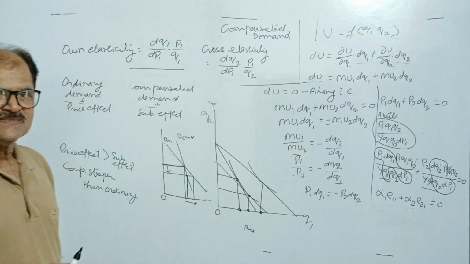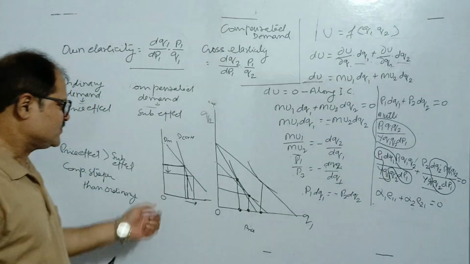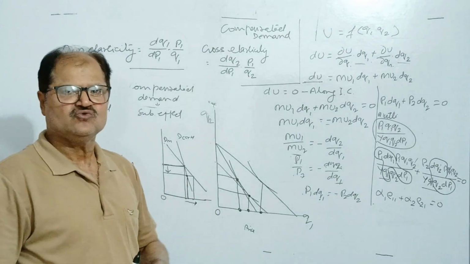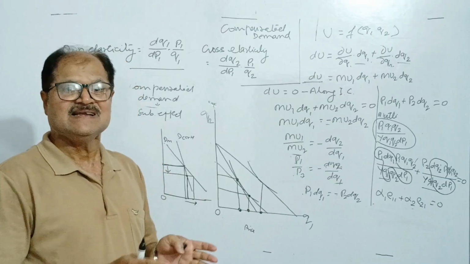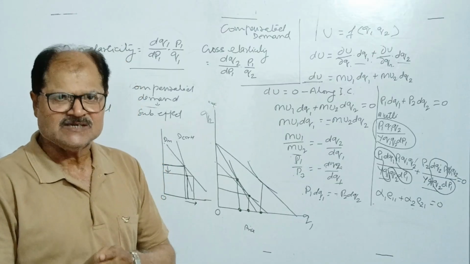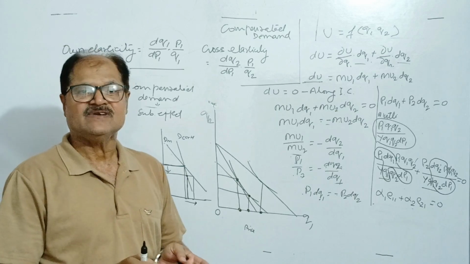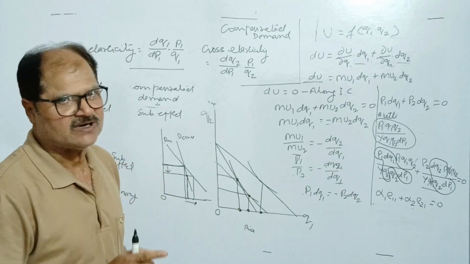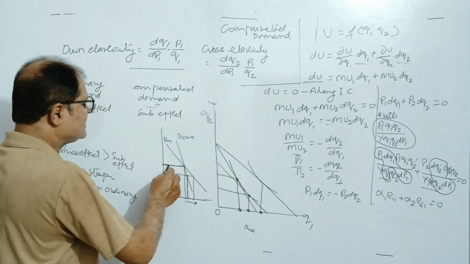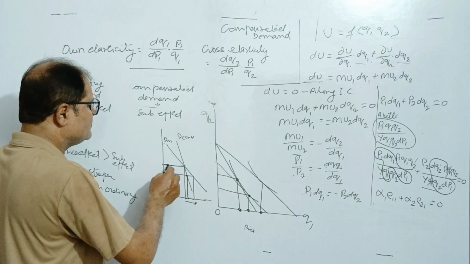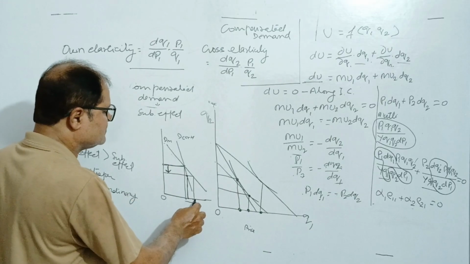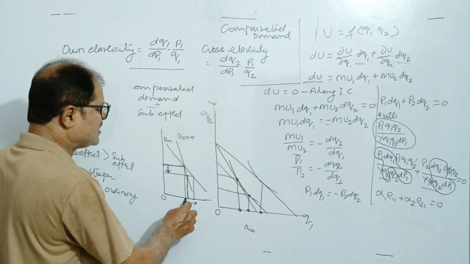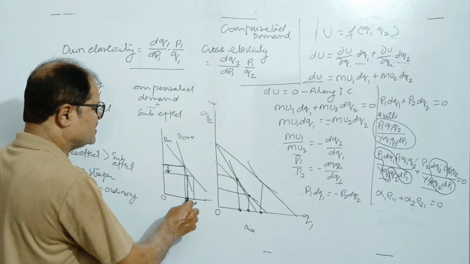It means that response of demand to a particular change in price will be relatively less in case of compensated demand and relatively high in case of ordinary demand. If price has changed from this point to this point, ordinary demand has increased from here to here, whereas compensated demand has increased from here to here.